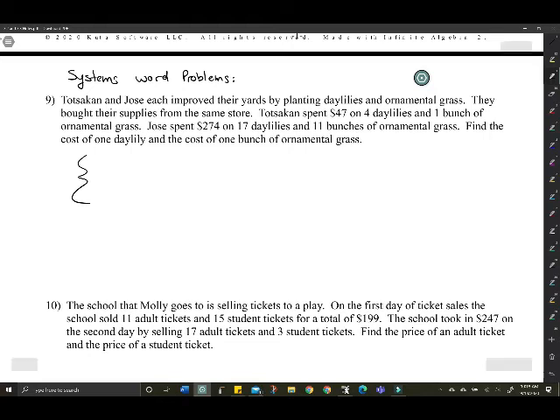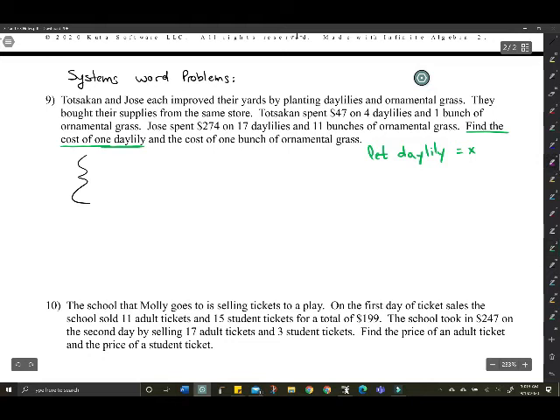Okay, what I always like to do, because the wording and everything can be confusing, is decide what variables to represent. So think about what is being asked of you. Find the cost of 1 daylily. Well, let's let daylily be x.